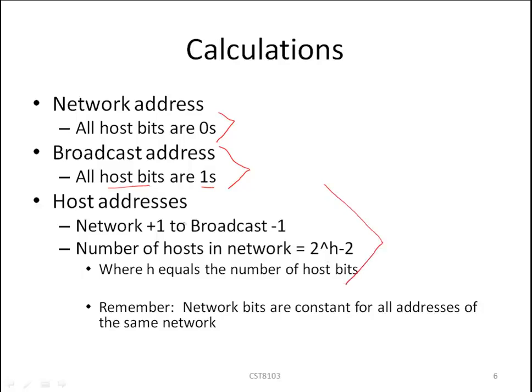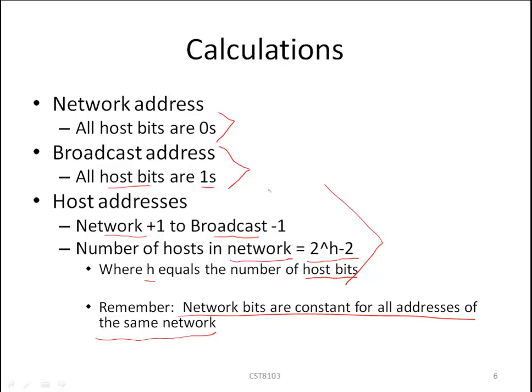And the host addresses range between your network address +1 to your broadcast address -1. And the number of hosts in any network is 2 to the power h minus 2, where h is the number of host bits. And remember, network bits are constant for all addresses of the same network.